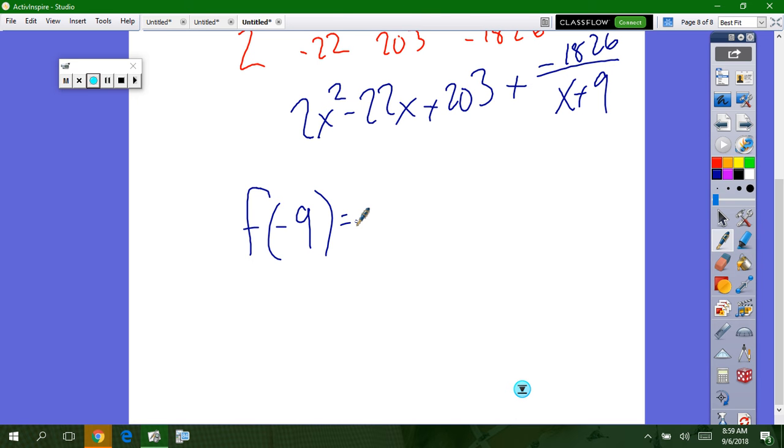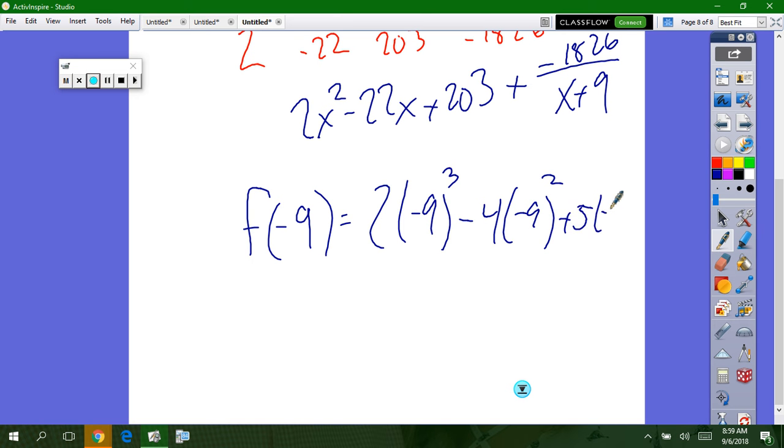So what was our equation again that I wrote? It was 2x cubed, right? So it's 2 times negative 9 cubed. What was the next term? Minus 4x squared, which is negative 9 squared. Plus 5x, so 5 times negative 9, and then our constant was 1. Hurry and tell me what this answer is.